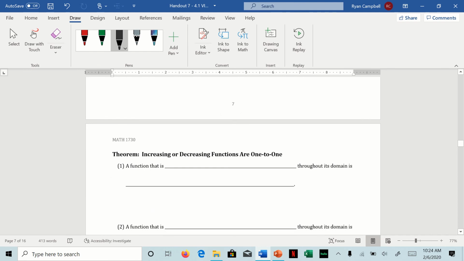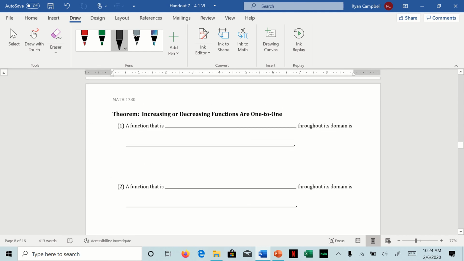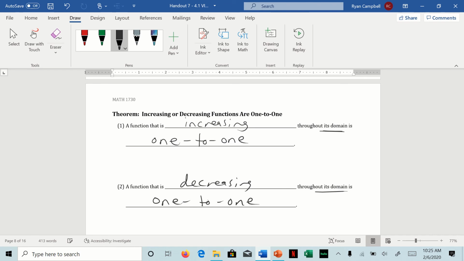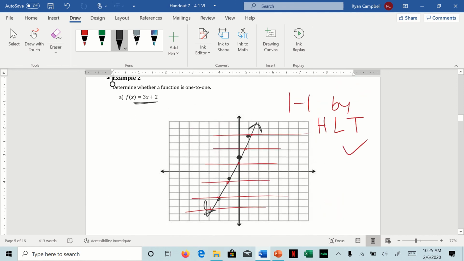That also works. One thing that we also see is that increasing or decreasing functions are one-to-one. That's exactly what this says. If a function is increasing throughout its entire domain, it's one-to-one. If the function is decreasing throughout its entire domain, it's one-to-one. We actually see this from the first two examples. In the first example, this is an increasing graph.